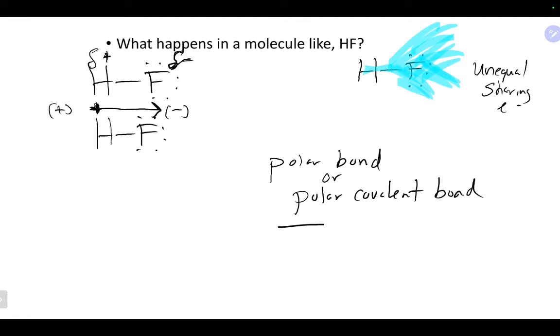So those electrons haven't fully moved from the hydrogen to the fluorine. And that's why it's still a covalent bond, because there's sharing, but it's unequal sharing. That's different than the ionic bond that we talked about, where there is no possibility for sharing. They're just going to give away the electrons, and you get that full transfer of electrons. Any questions on that there?